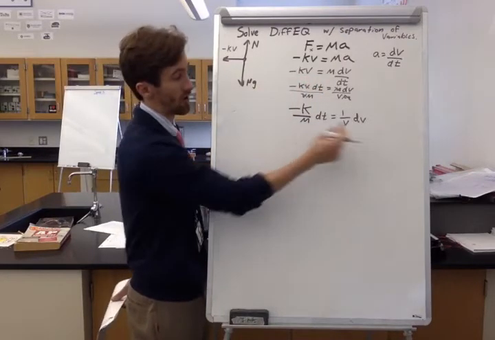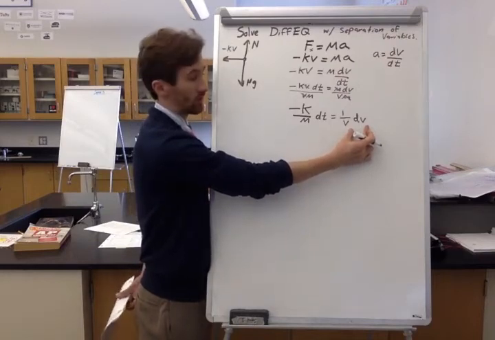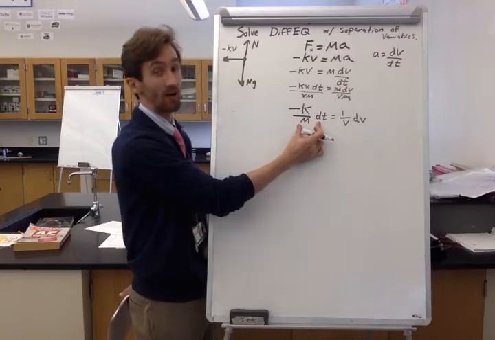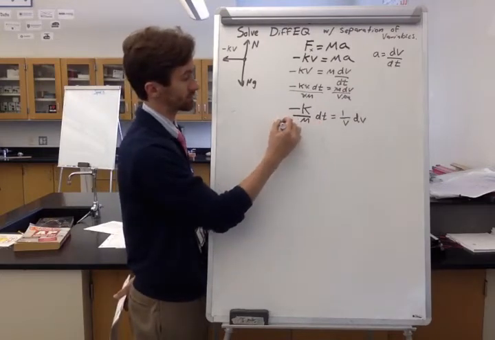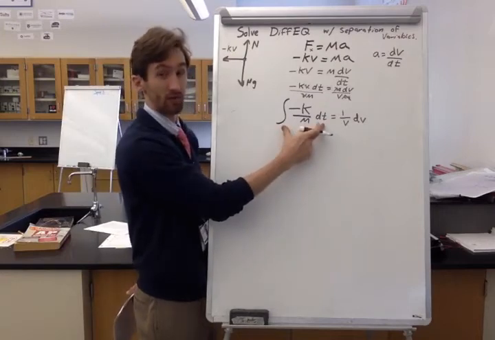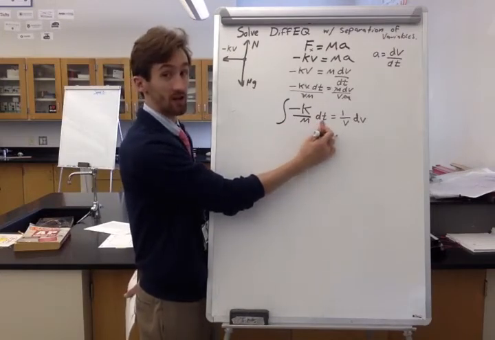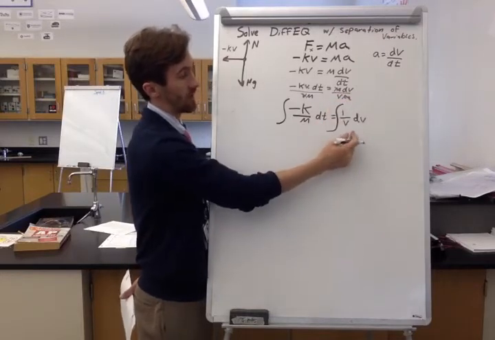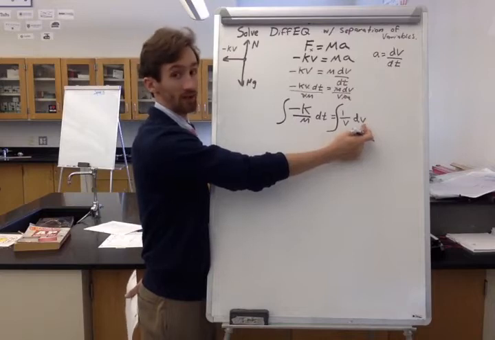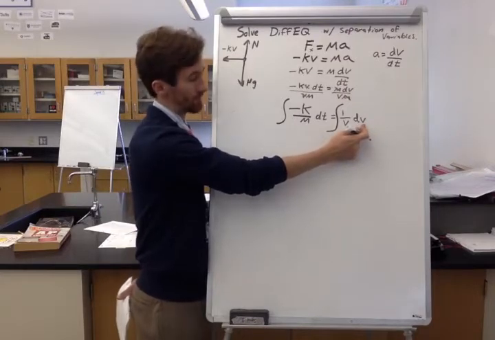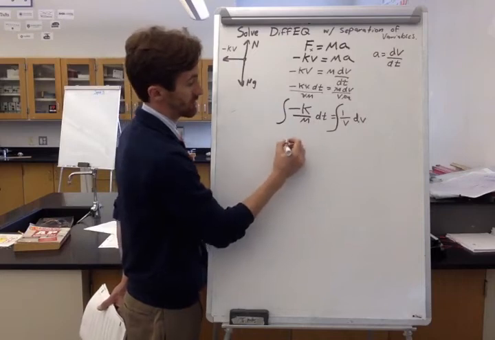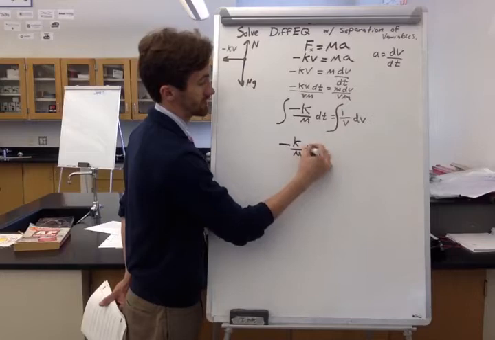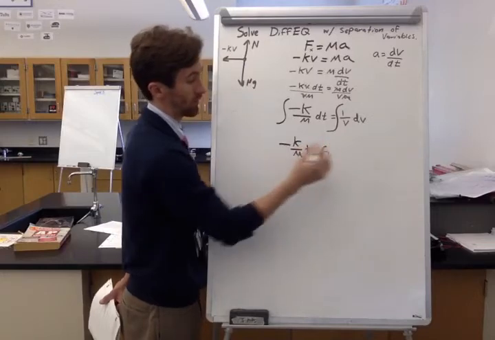So now I have everything that is a velocity on one side, everything that's not a velocity on the other. Now I'm going to take the antiderivative. I'm taking the antiderivative on the left side with respect to time, that's the dt. On the right side, I'm taking the antiderivative with respect to velocity, dv. So this is going to come out to be negative k over m times t plus, we'll call it c1.